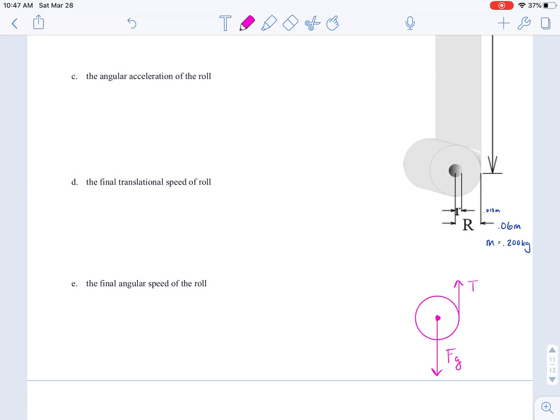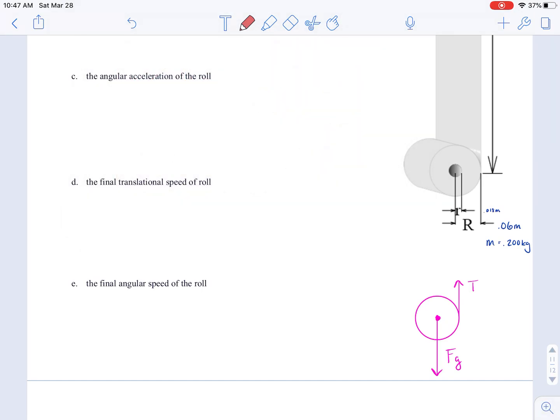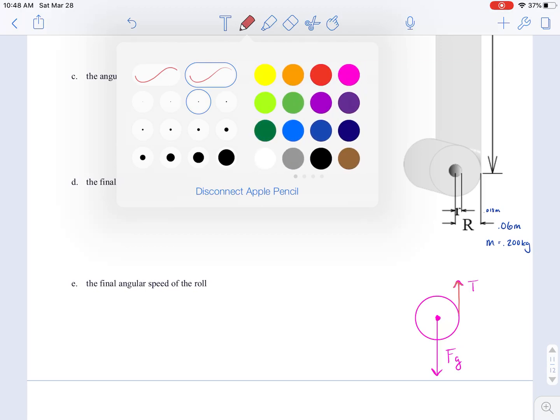Now, if you look at this as just a linear thing, we could think about taking this T, this tension force, and moving it over and drawing it from the center of gravity. I don't know if that's entirely accurate, but if you think about this in the linear sense, we have one downward force and one upward force, and we can write the formula for net force.